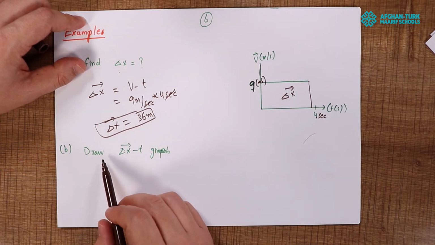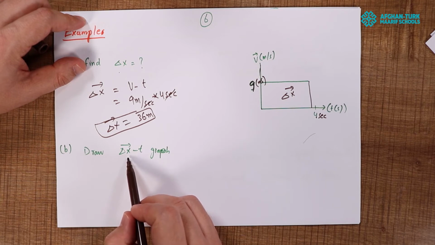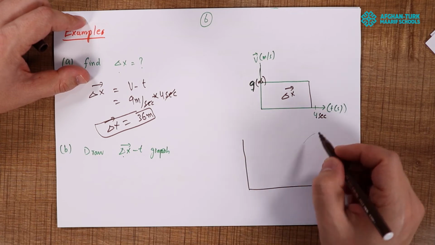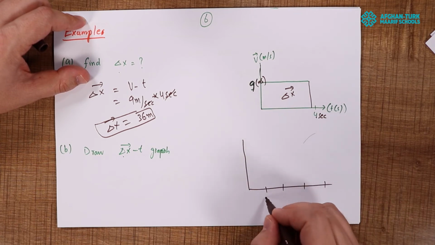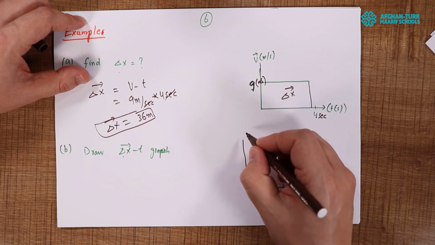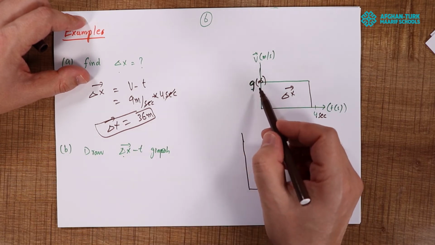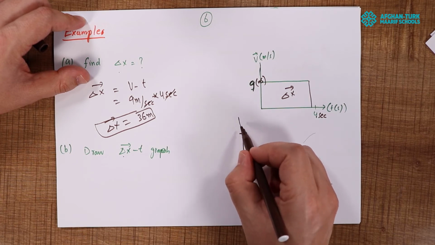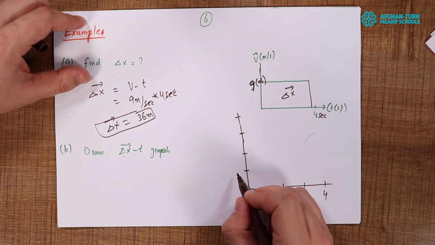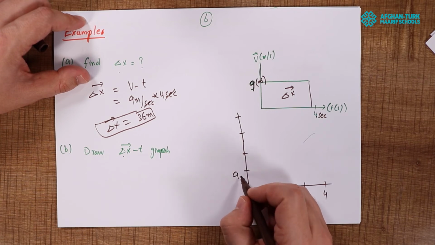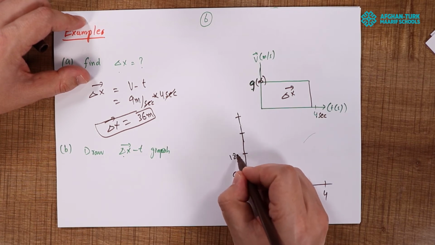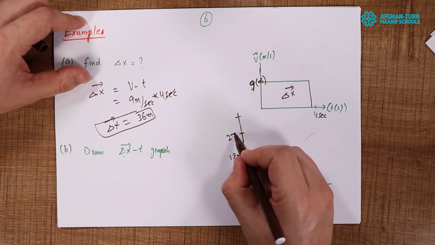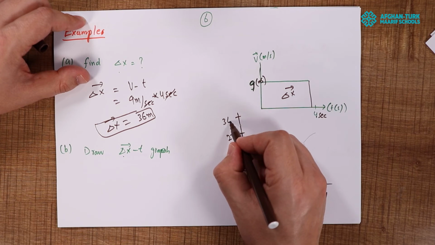This gives us the displacement. Now they said to draw the xt graph, meaning the displacement time graph. It's very simple. The time is 4 seconds: 1, 2, 3, 4. Now the difference here is 9. In 1 second 9 meter, in second 18 meter, in third 27, and in fourth 36.